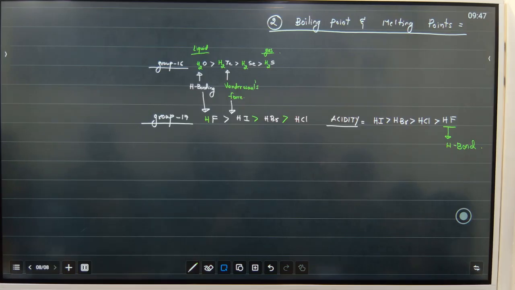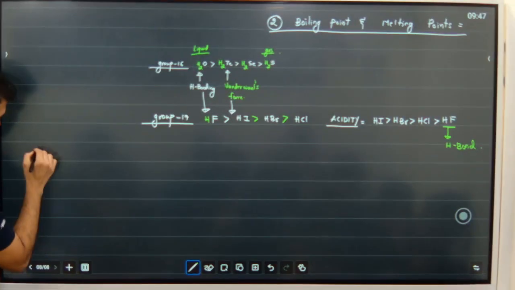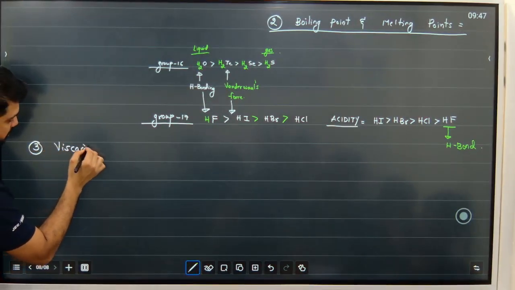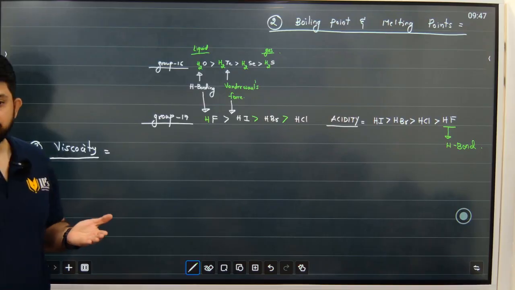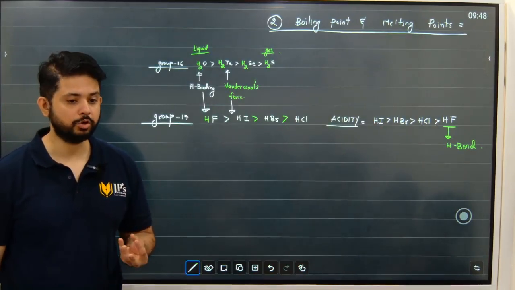Chalo, next. The next point that we have, people, is viscosity. What do you mean by viscosity? Viscosity decides the flow of any particular solvent.